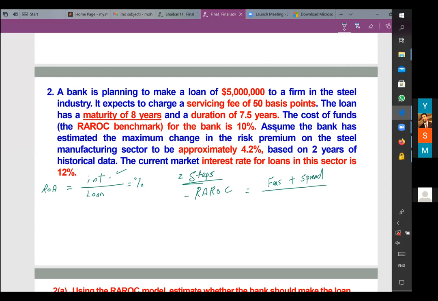Not everything. If I'm going to do that, I need to take the additional income over the additional risk, which is what we call the marginal risk.